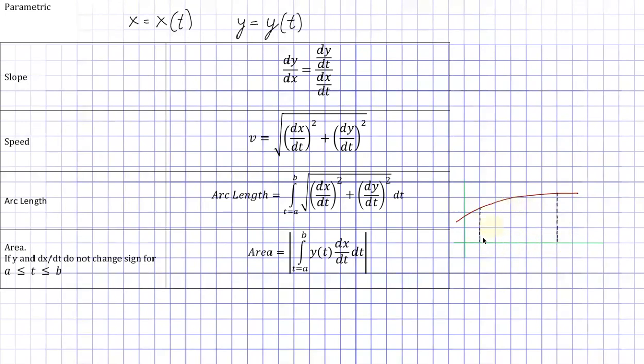So let's say we already know how to calculate this area under the curve using integration. That's what we have learned already in the case of just regular xy coordinates. But now we are in new, parametric settings.